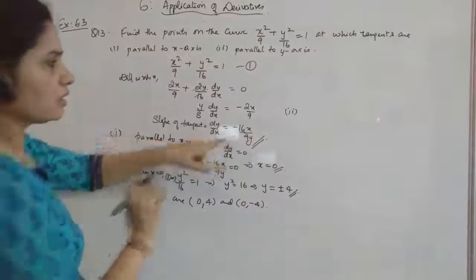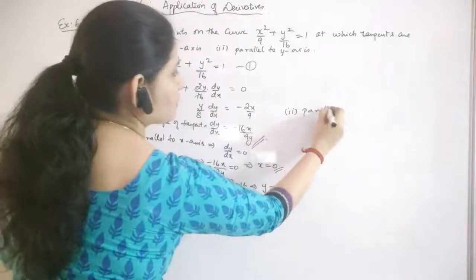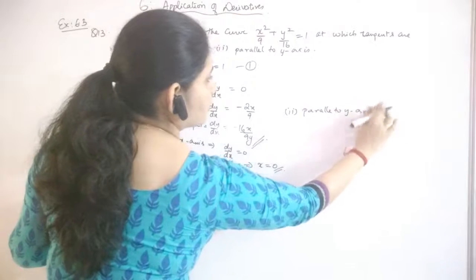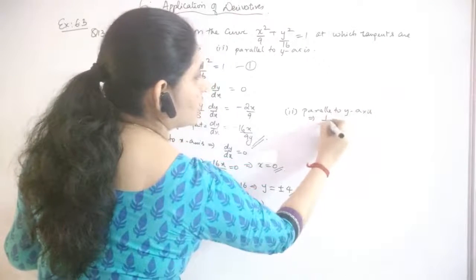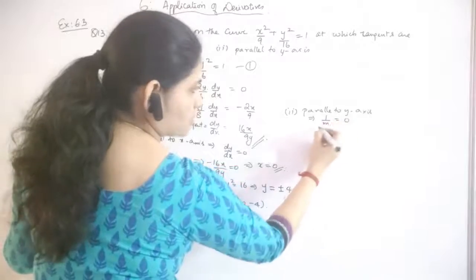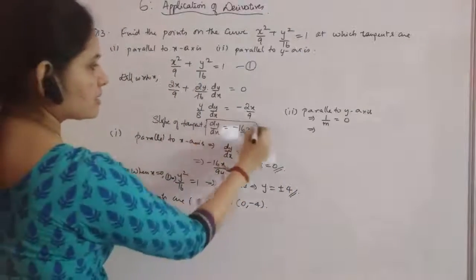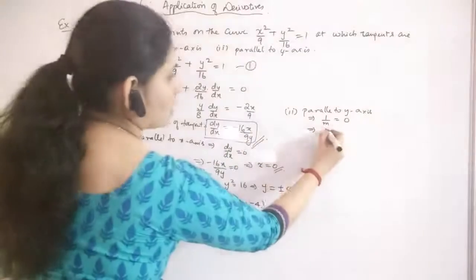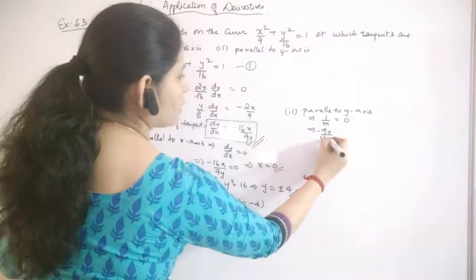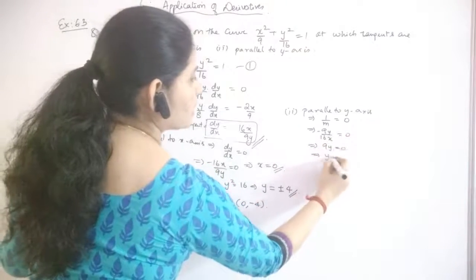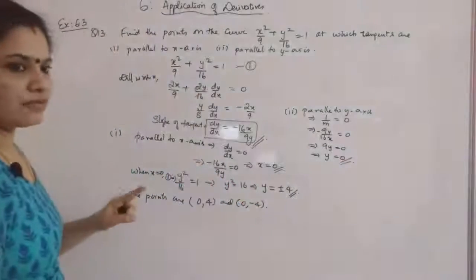So parallel to y axis means you will have 1 by m, 1 by slope is equal to 0. That means you will get its reciprocal. This is your dy by dx or m. So you will get minus 9y by 16x equal to 0, or 9y equal to 0, or you can get y equal to 0. So the value of y will become 0.